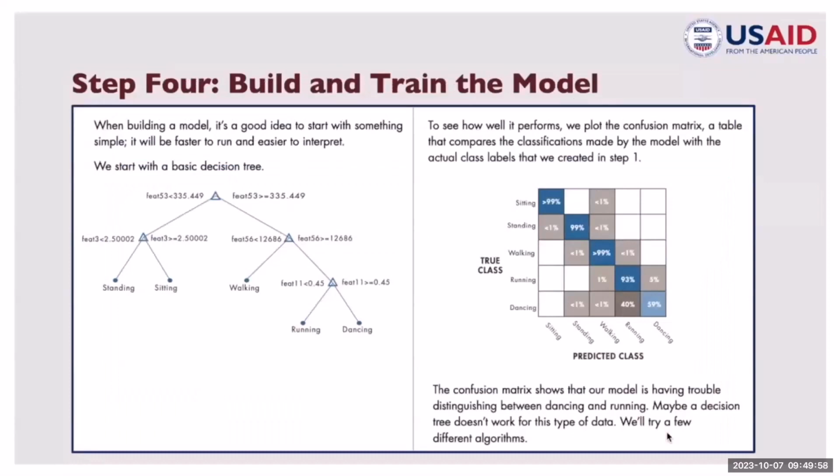We now move on to step number 4, where we start building and training our models using various types of machine learning algorithms. When building a model, it's a good idea to start with something simple. It will be faster to run and easier to interpret.